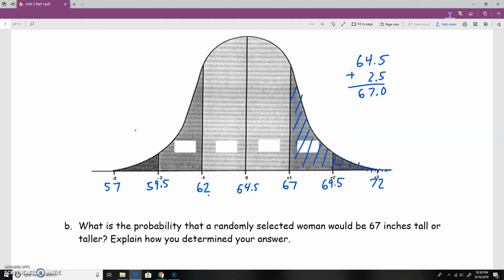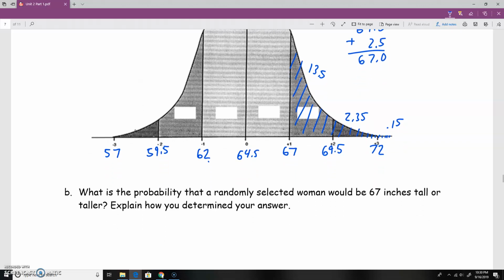So now if we go back to our previous page, remember this part is 13.5%. This piece right here is 2.35%. And this little piece extending out here is 0.15%. So I'm going to take 13.5 plus 2.35 plus 0.15, add those up, and I'm going to get 16%.